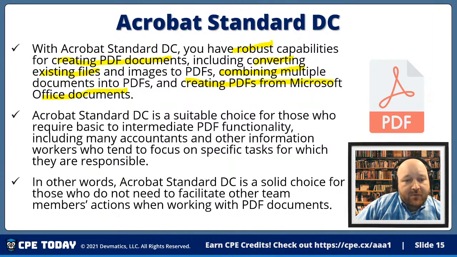Now, the Standard version is good for those who need basic to intermediate PDF functionality, which again is probably a vast majority of you. A lot of accountants, financial professionals, people who tend to focus on specific tasks that are just creating, editing, and modifying documents. This would be good. And it's a good choice for those who need to create documents for other people too.